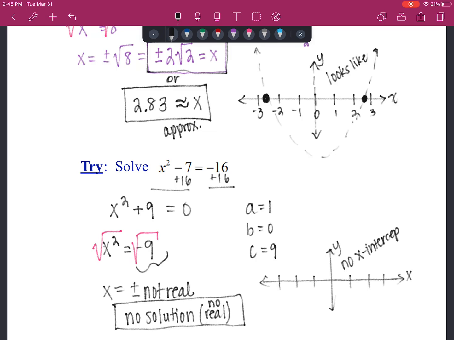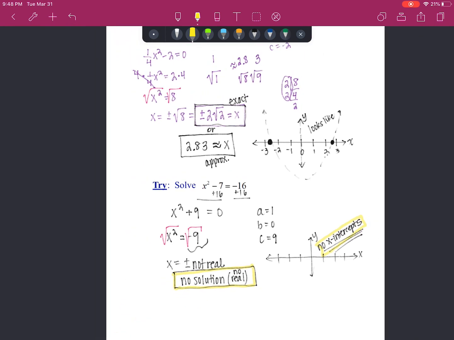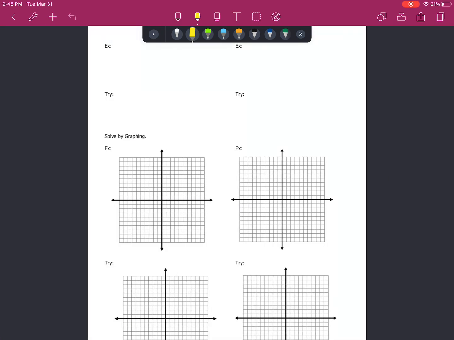So that means that there are no x-intercepts. That's an important concept. When there's no solution, no real solution, that means that there's no x-intercepts. So important, I'm going to highlight that. So no solution means no x-intercepts.